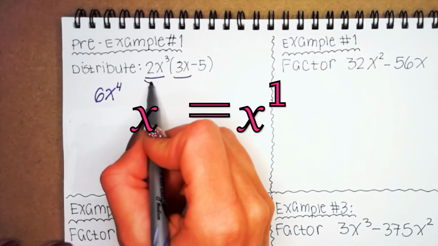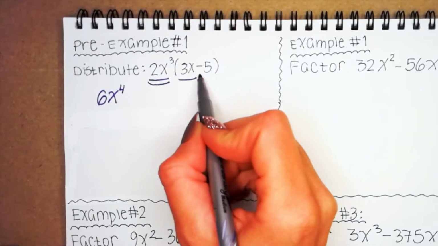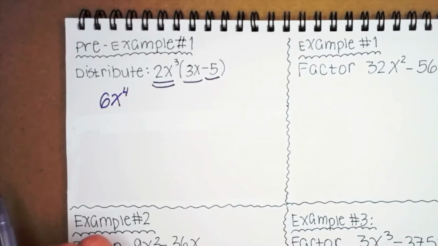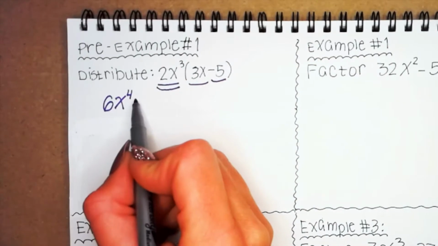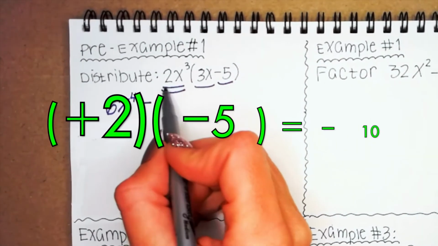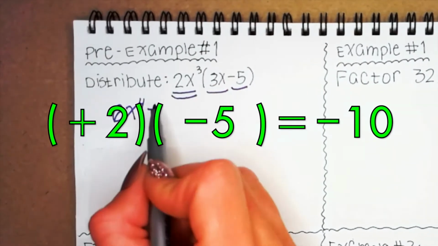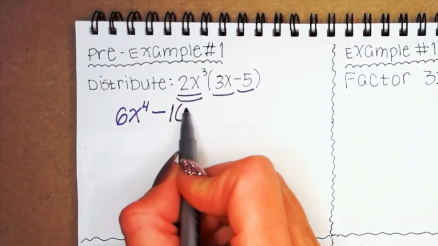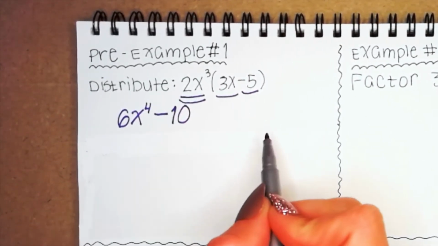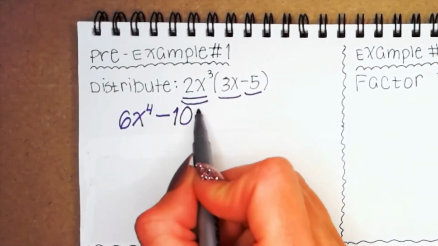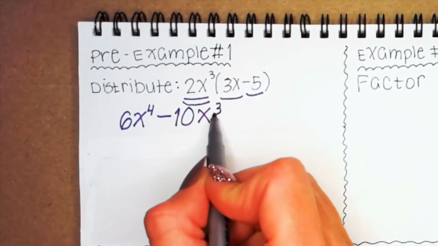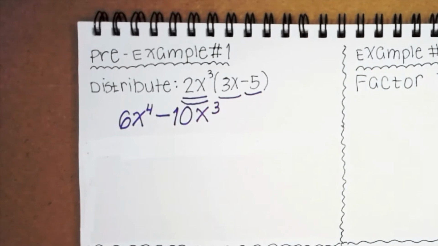Now, we're going back to this 2x cubed, and we're going to multiply it right there by the minus 5. Minus, because the positive 2 and the negative 5 multiplies to be a negative. Negative what? Negative 10. x to the 3rd power.